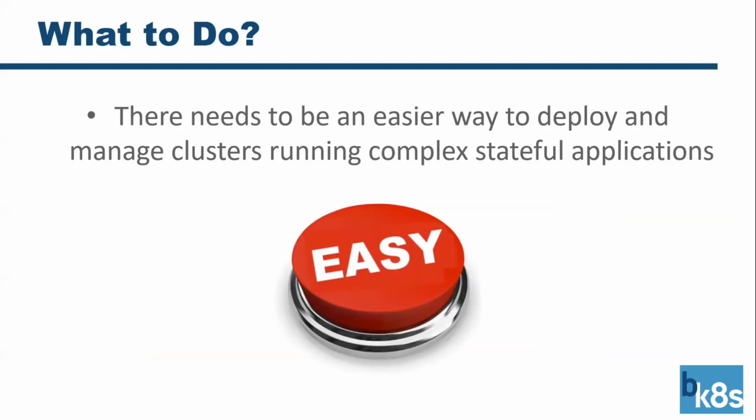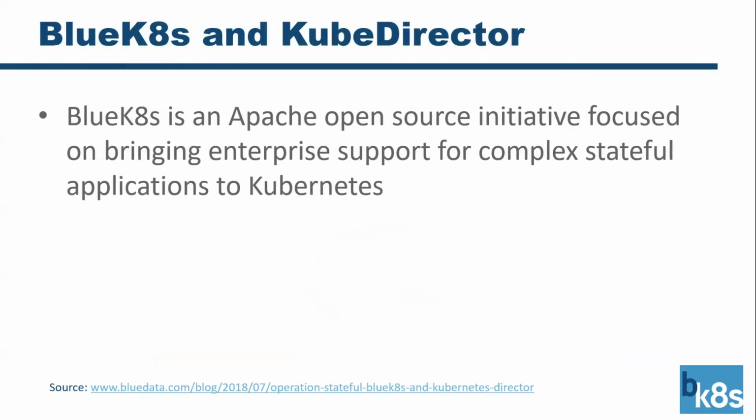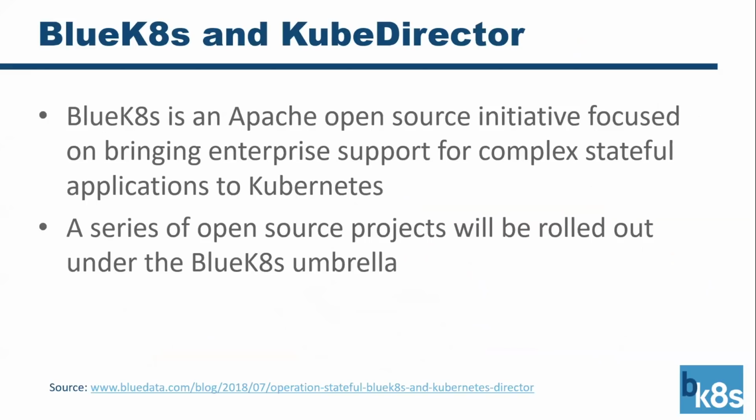So what do we need to do? There's got to be an easier way. And this is what Blue Data has done. We've used our knowledge and we're helping the community with an easier tool. Blue K8s, you might hear that term. This is an umbrella Apache project started by Blue Data, but now open to the open source community, focused solely on bringing enterprise support for complex stateful applications to Kubernetes.